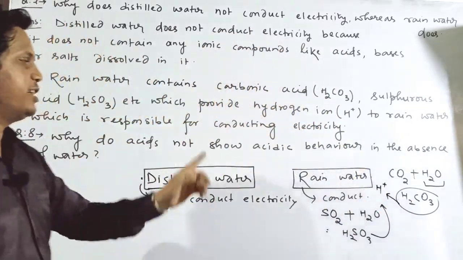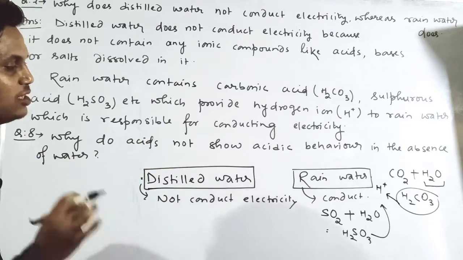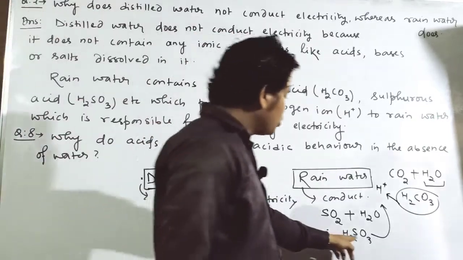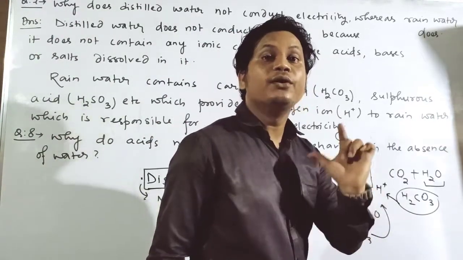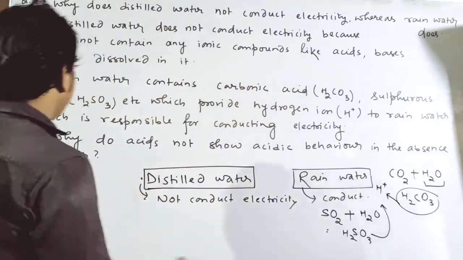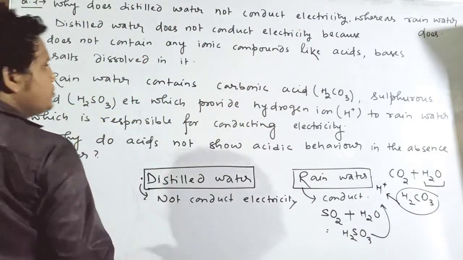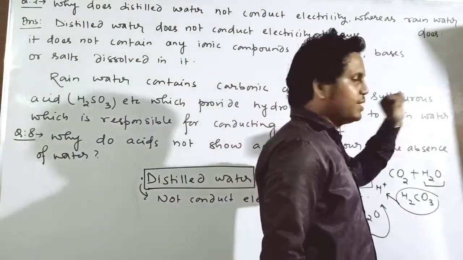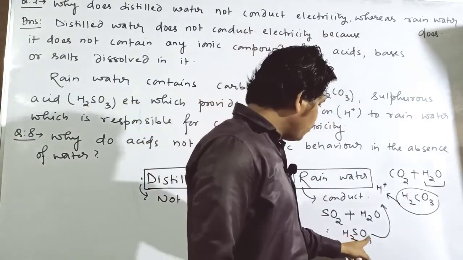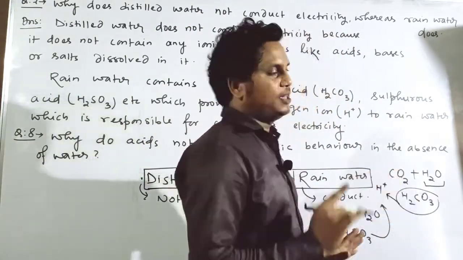As a result, rainwater conducts electricity. The name of H2SO3 is sulfurous acid, and H2SO4 is sulfuric acid.